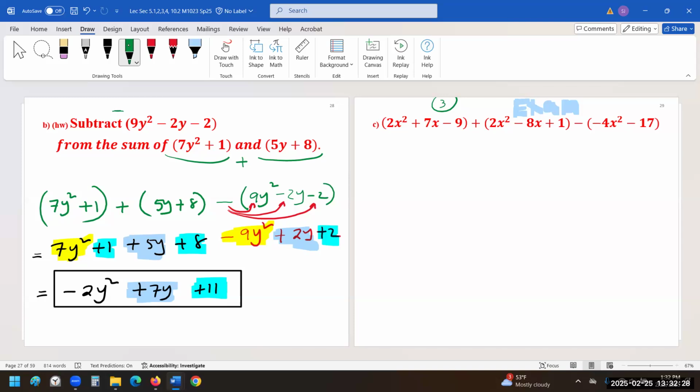8x squared, and then what? How many x? Minus x, right? And then plus 9, right? Cool. Giselle, what do you have? Same thing?